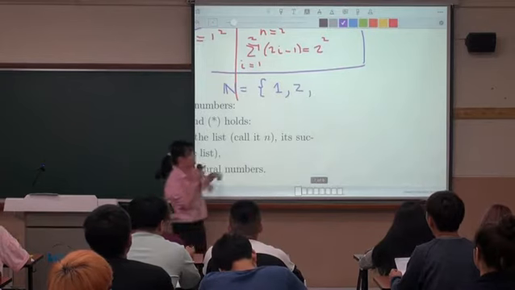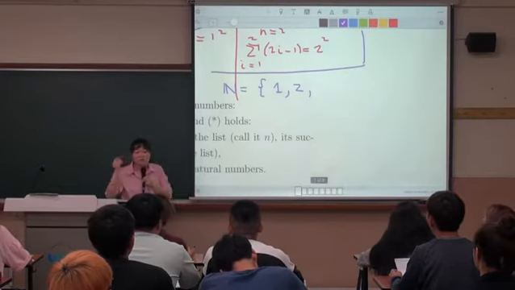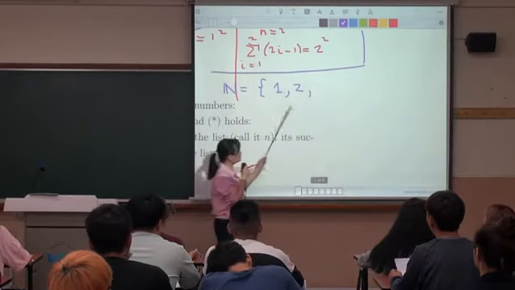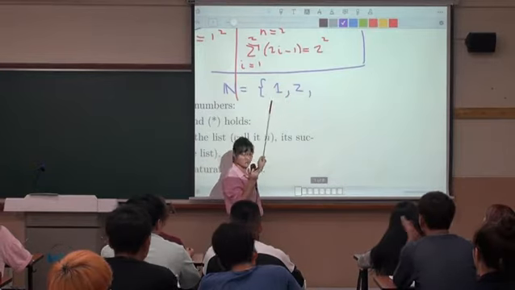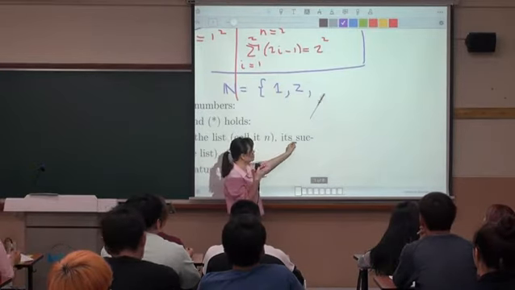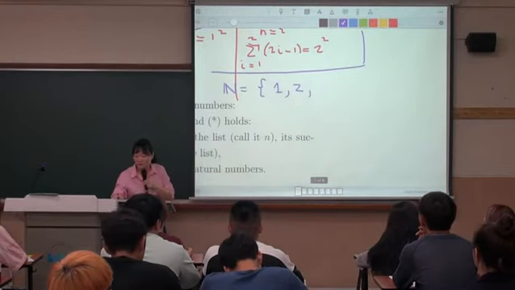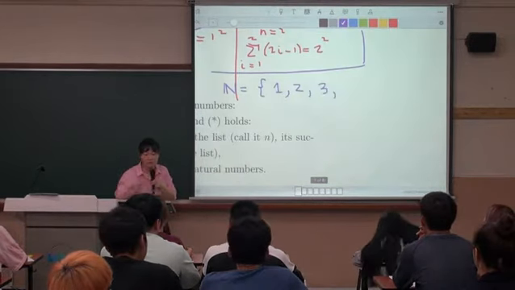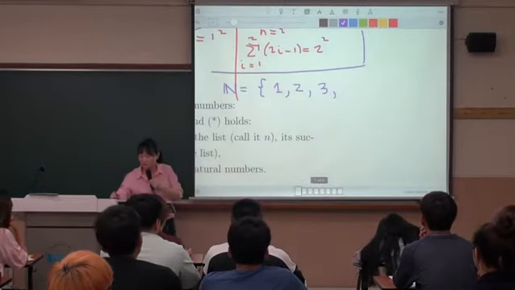There's 2, and if there's 2, then 2 plus 1. Calling it the n-th term, first there is 1, and if there is n term, n plus 1 term should be in the set. If there is 2, there must be 2 plus 1, and if there is 3, there must be 3 plus 1.